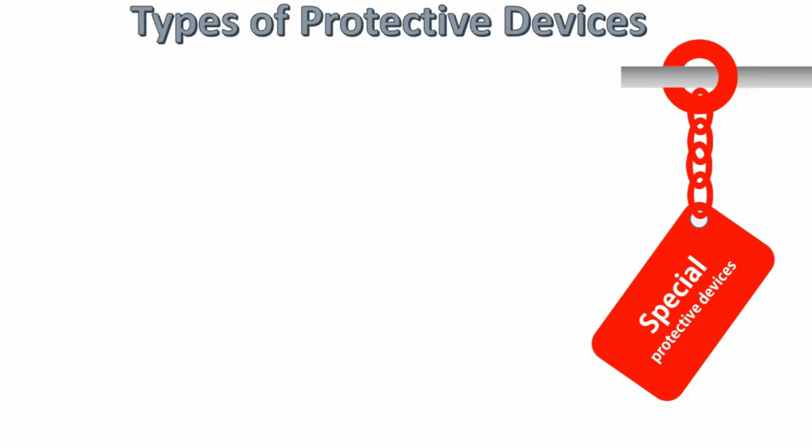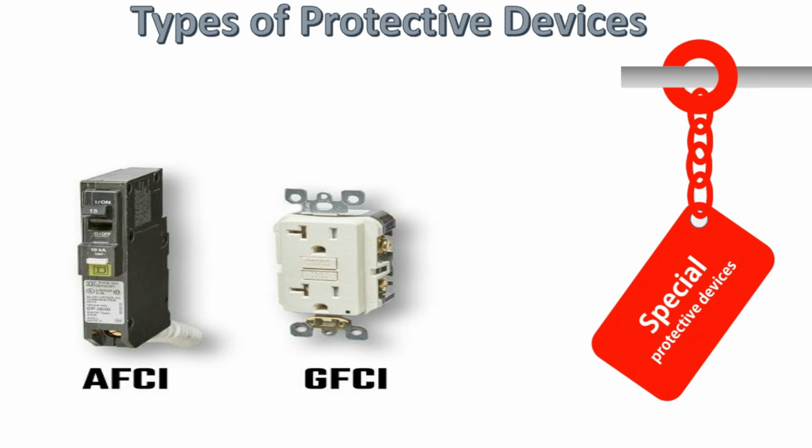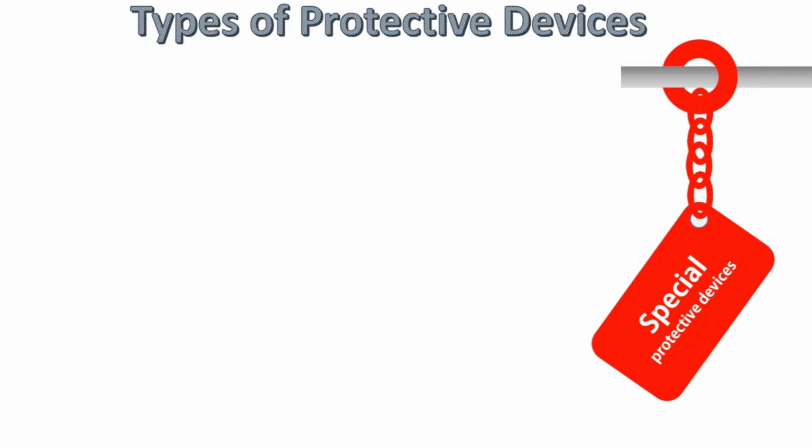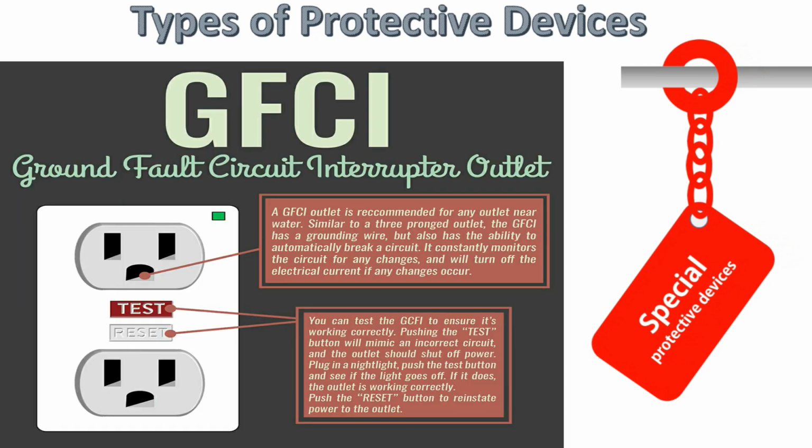The special protective devices, on the other hand, include the ground fault circuit interrupter and the arc fault circuit interrupter. The GFCI protects bodies that come in contact with small leakage current, which is usually between 5 mA to 30 mA, at a rate lesser than 30 meters per second.